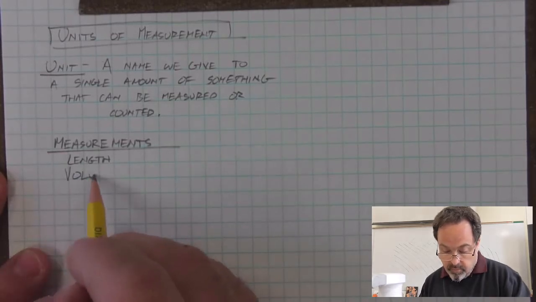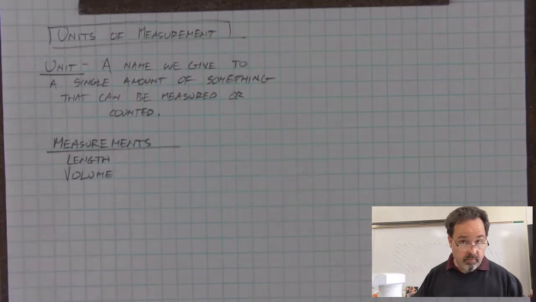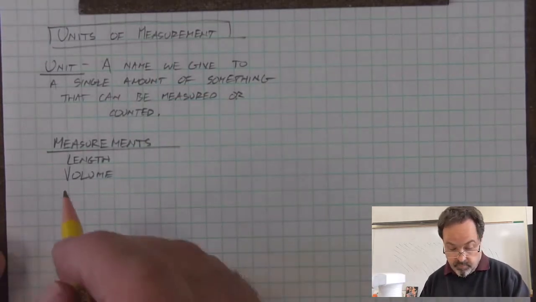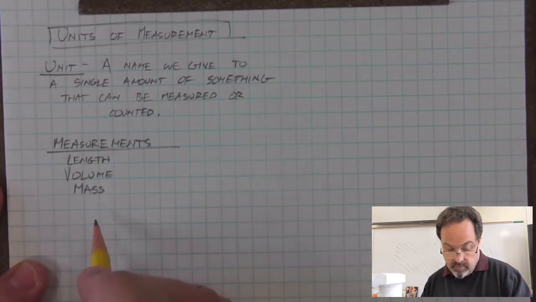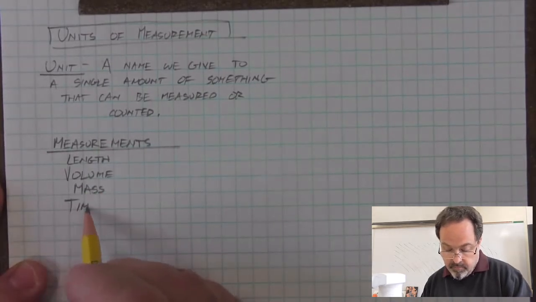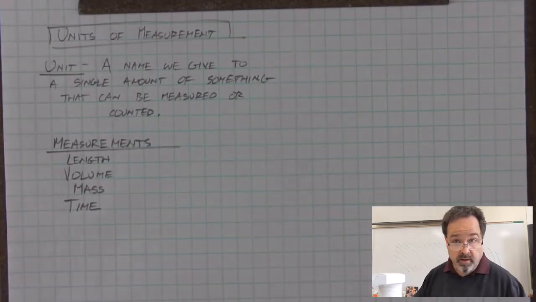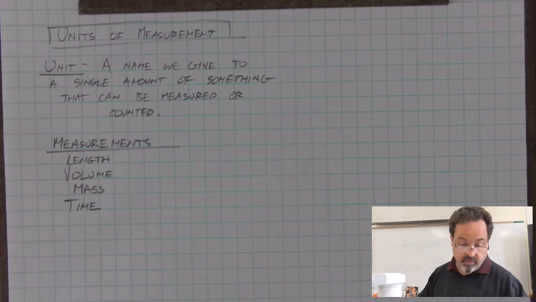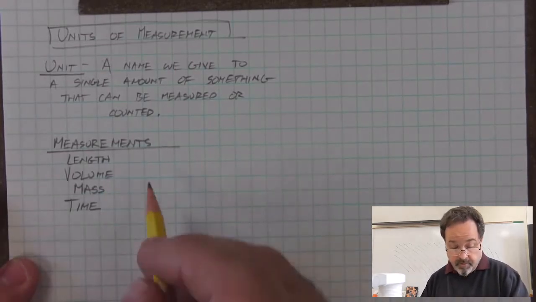We can measure the space that fills a three-dimensional object. We call that volume when we take that measurement. We can measure mass. We can measure time. These four are very common, but there are many other things that can be measured, like temperature, surface area.